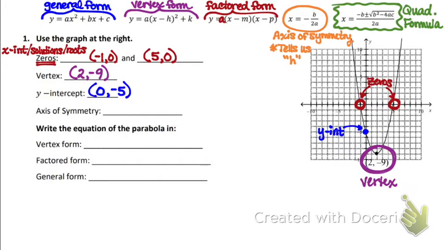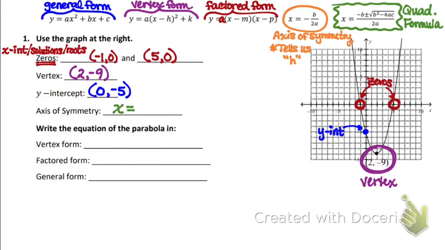Axis of symmetry, I need to write this as an equation. Come up here and look at our axis of symmetry formula. What does it start with? X equals. So when I go to write my axis of symmetry, I also need to start this with an x equals. X equals what? Which part of the vertex?